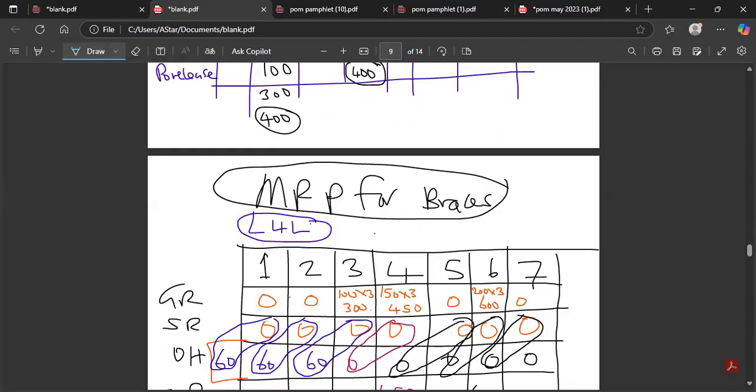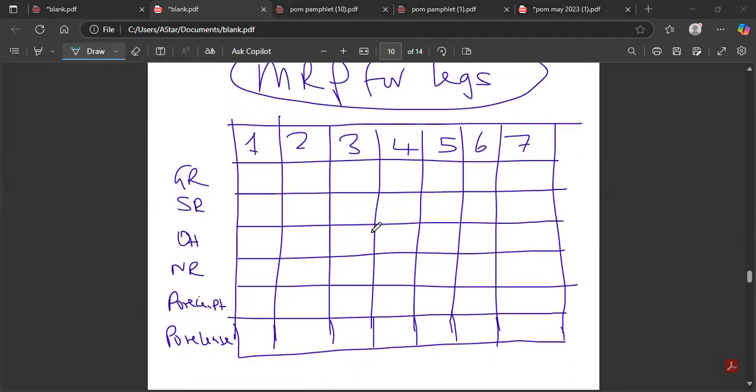So here, 100 by 4. This is coming from D. 150 by 4. So this is 400. This is 600. And 200 by 4, which is 800.